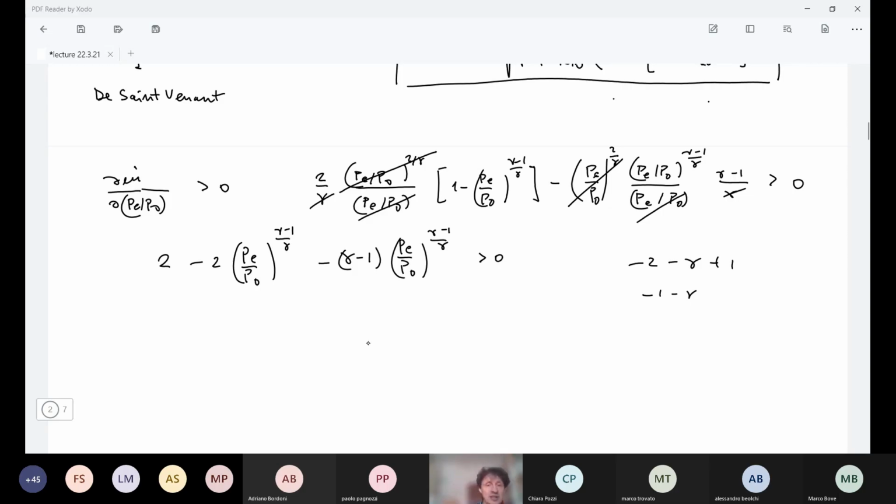And I bring this on the right hand side, so that 2 must be greater than gamma plus 1 times P over P0 to the gamma minus 1 over gamma, or P over P0 to the gamma minus 1 over gamma must be less than 2 over gamma plus 1.